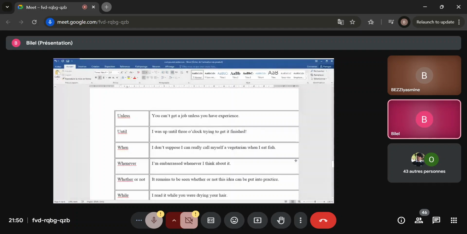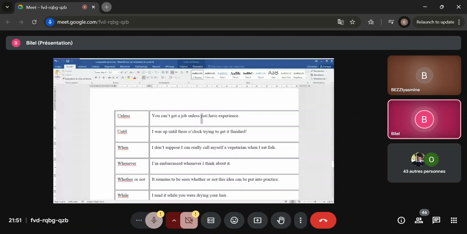Here it is, for example, another example of the complex sentence. I said a complex sentence is one dependent clause and one independent clause plus a subordinating conjunction. Here, for example, in this sentence, if you want to distinguish between what is the dependent and what is the independent, I said you always look for the subordinating conjunction, which is unless.